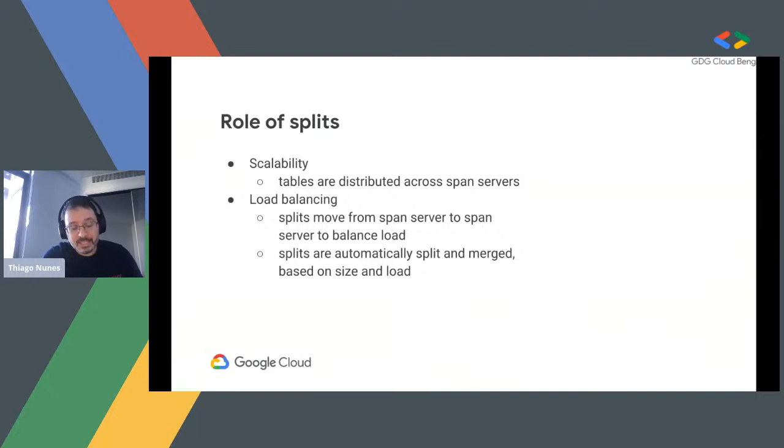So the key point here is that Spanner is not constantly splitting or creating new splits. It tries to maintain a constant number of splits in your database, right? And that constant can actually grow as your data grows or as your load grows, but we're not splitting forever.